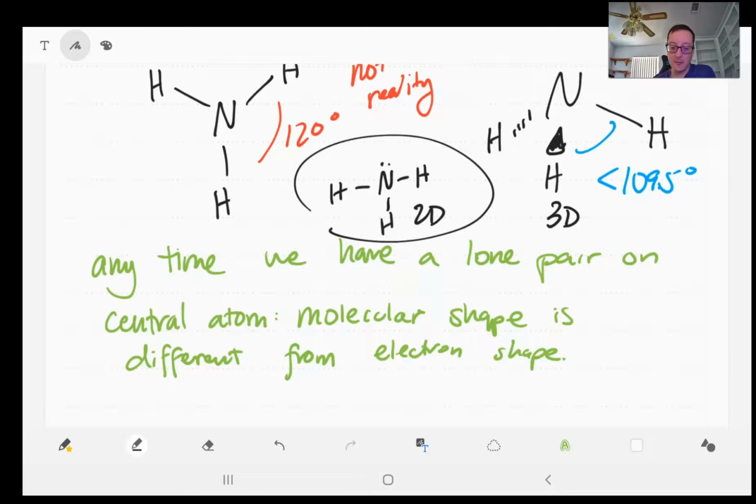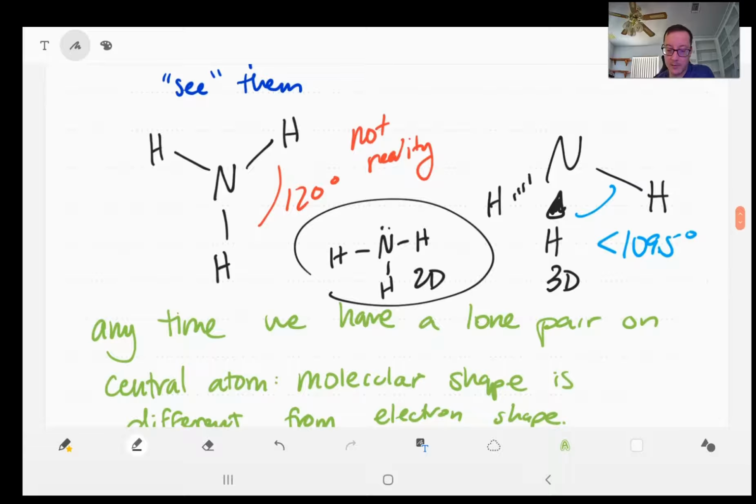So even though we don't see the lone pair on ammonia, if the lone pair really wasn't there, we would have 120 degree bond angles. It would just be trigonal planar. But the lone pair is there because our bond angles in reality are just a little bit less than 109.5, which tells us that this comes from tetrahedral.